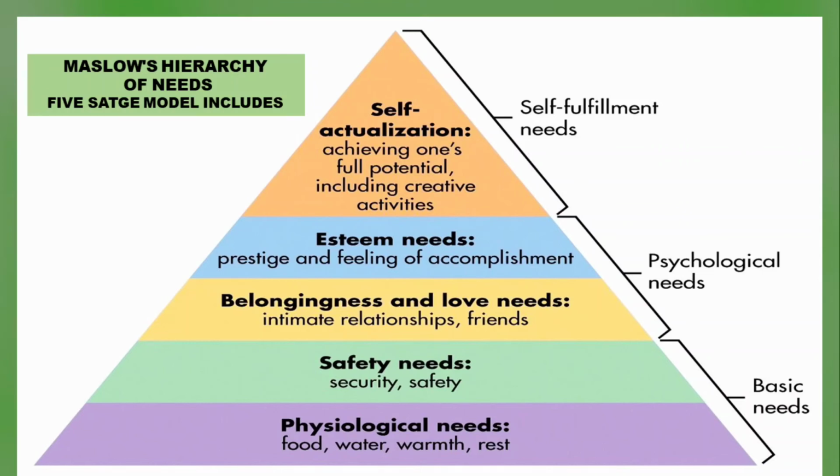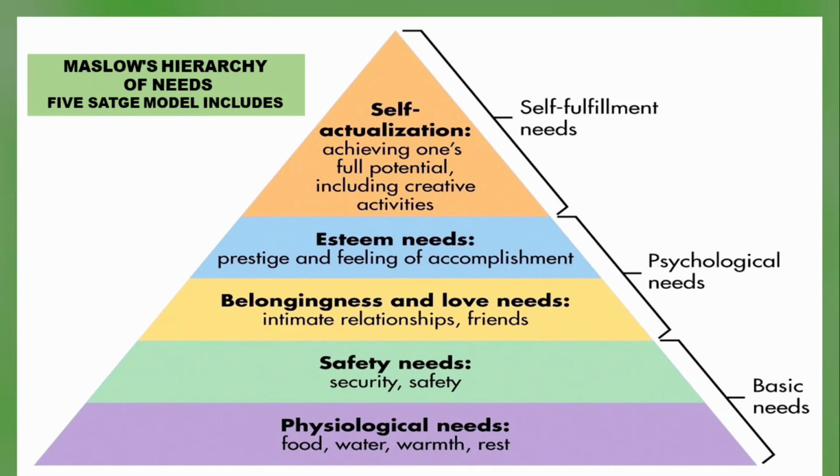The first, which is now the 3rd level in Maslow's need hierarchy, is the belongingness and love need, including intimate relationships and friends. The needs at the 4th level include those for esteem needs, including prestige, one's feeling of self-worth, and of competence.